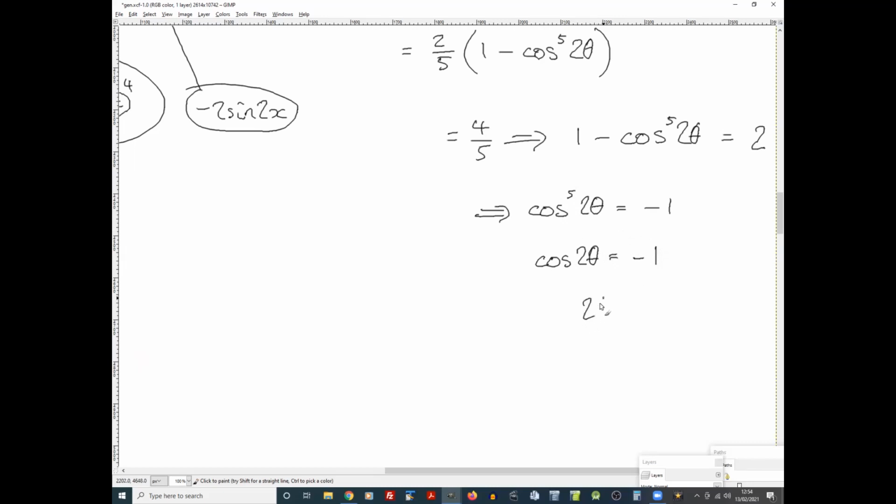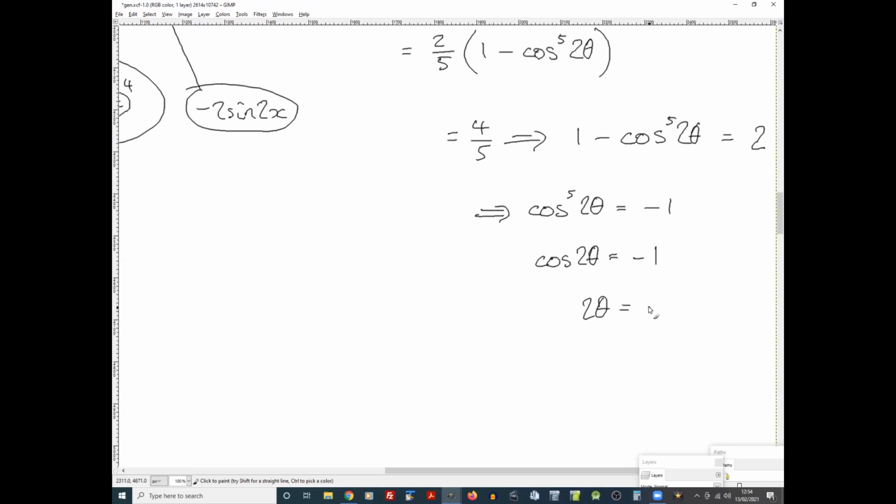And what time on the clock has a cos coordinate of minus 1? Um, 9 o'clock. In other words, minus 1. But 9 o'clock is what angle in radians?